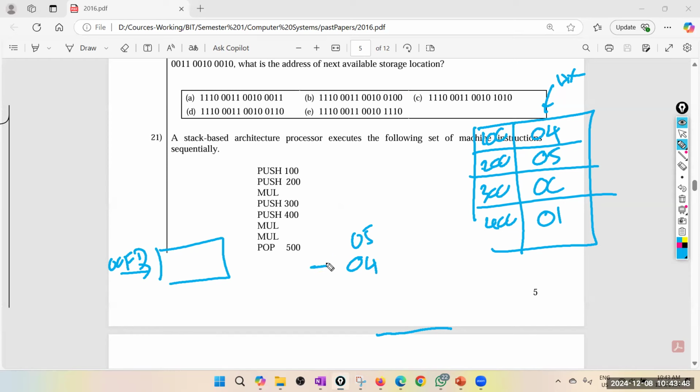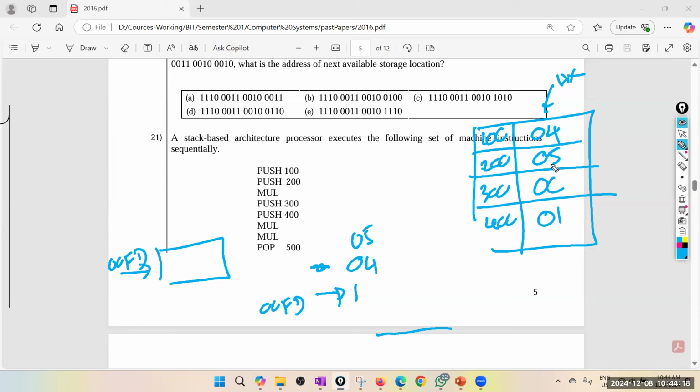So initially the stack pointer is 00FD. Maybe the next one is used, so whatever. Multiply. So then pop 2, multiply and push the result. Because multiplication means pop 2, multiply and push the result, that we discussed last class.